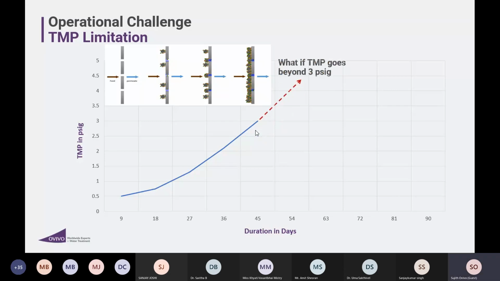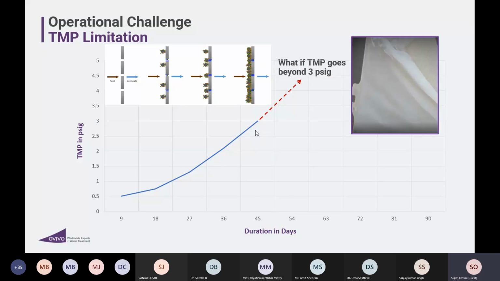What if TMP goes beyond 3 psi? If you allow the membrane to work and take the filtration cycle beyond 3 psi, your membrane will get damaged, because it cannot withstand that pressure.